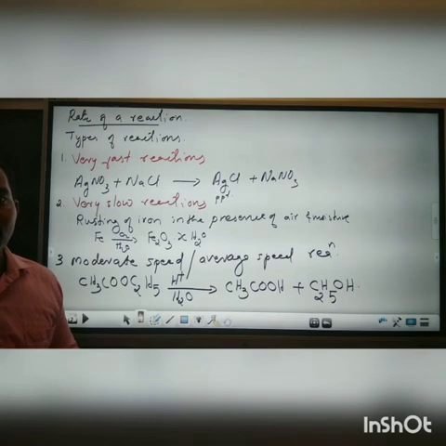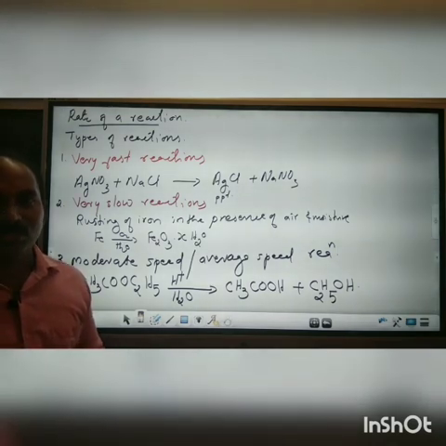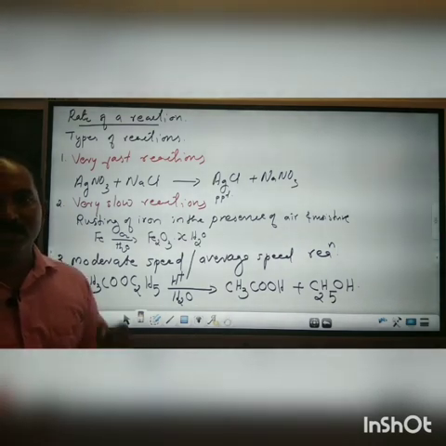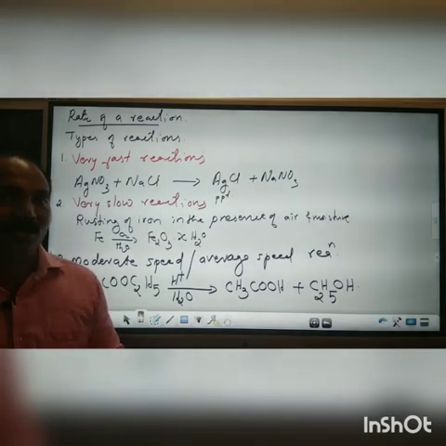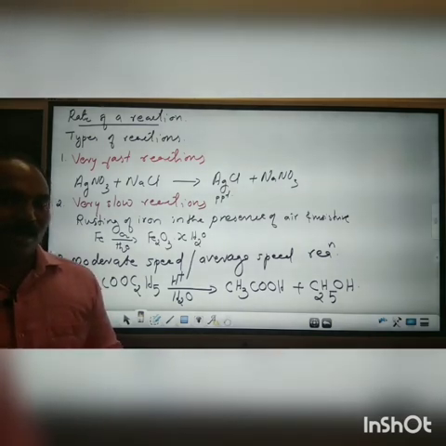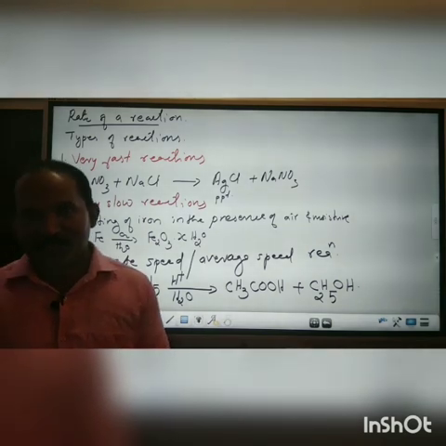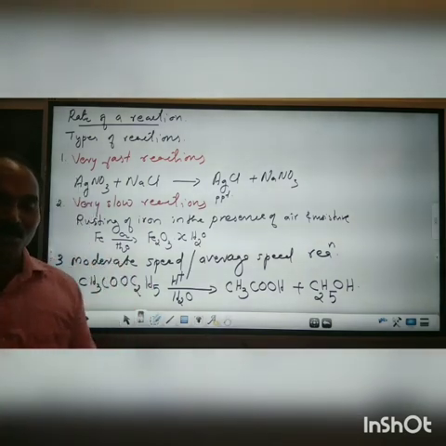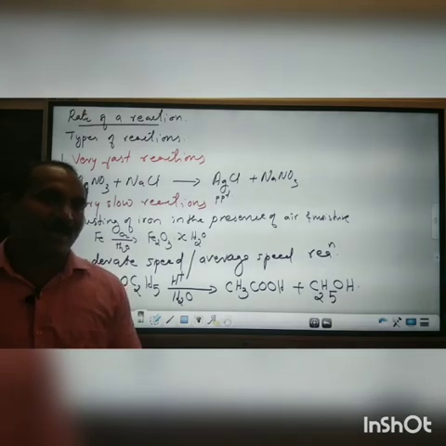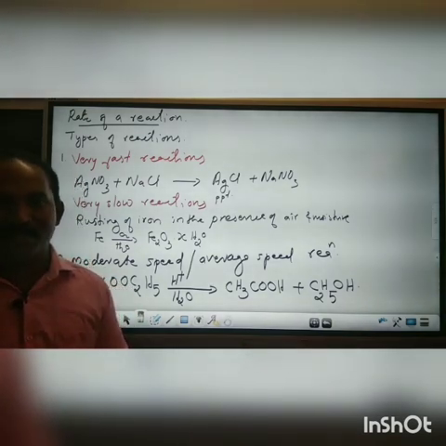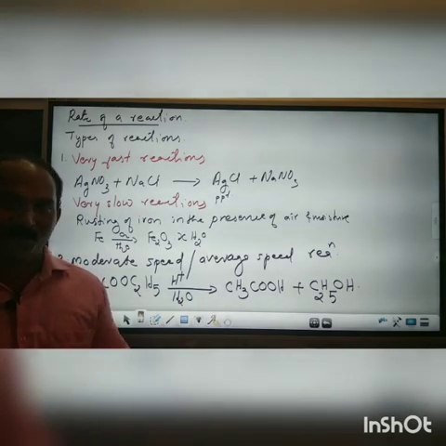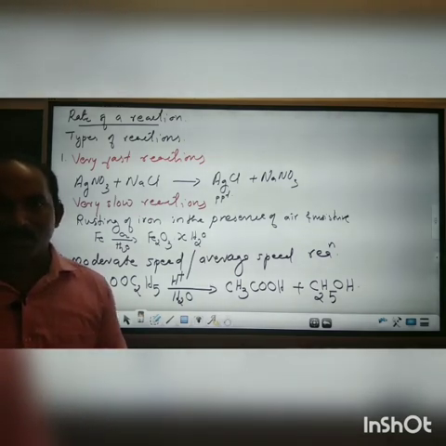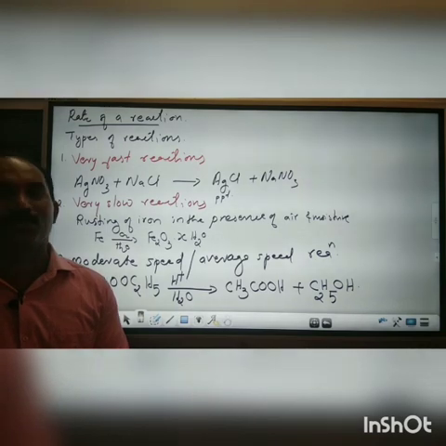Similarly, we have to express the rate of the reaction in change in the concentration. The concentration can be calculated by moles per liter. In plus 1 we discussed, also in plus 2 we discussed concentration types: molality, mass percentage, volume percentage, etc. So we are using moles per liter, that is molality.